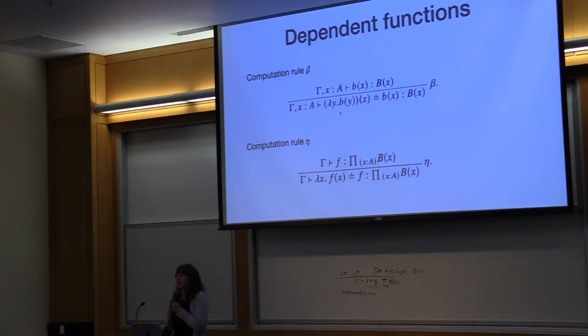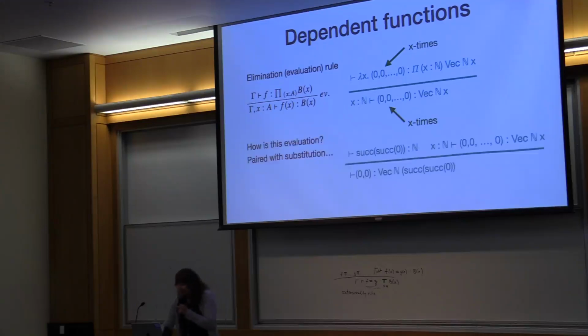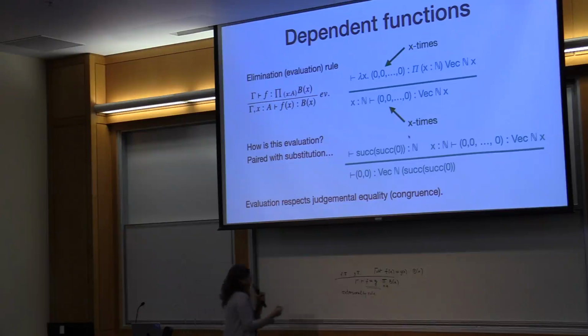Yes? Sorry, I'm just having a bit of trouble wrapping my head around this. Do you happen to have examples on the previous slides? For the beta rule? Yes. Okay. I didn't include one, and now it's biting me. Okay, so let's try with this one, right? So here we have the evaluation. Okay, so what did I have? My lambda x, let's try.